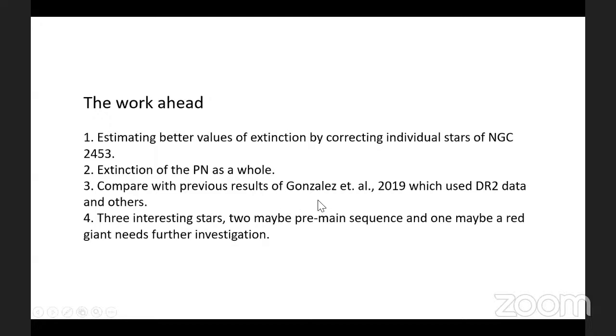Compare with the previous result of Gonzalez et al., which they did using the DR2 data, and investigate the three interesting stars, the main sequence and maybe the red giant. Maybe we need further investigation to conclude this.